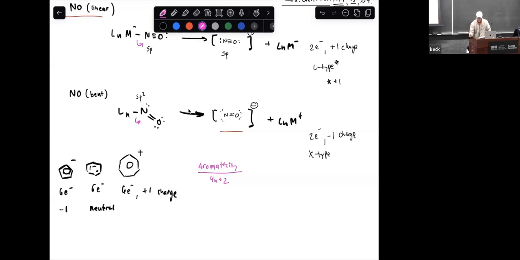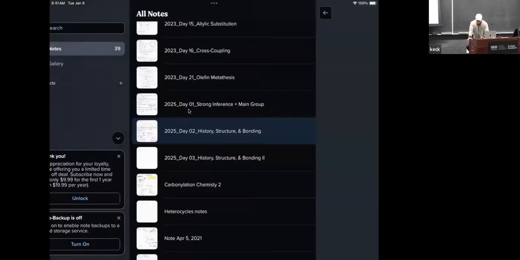You have one that's X-type in Cp, one that's overall neutral in the form of benzene, and one that is overall cationic in the form of tropylium. Don't get too bogged down on these details. The likelihood of encountering a tropylium is not that high. I think focus on the more commonly encountered ones first.